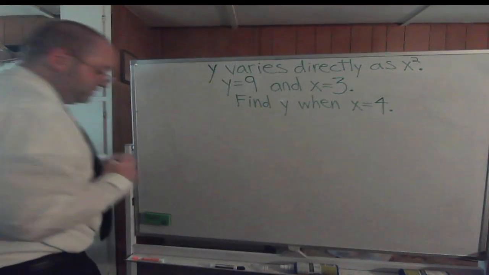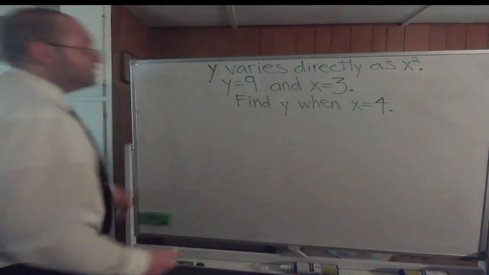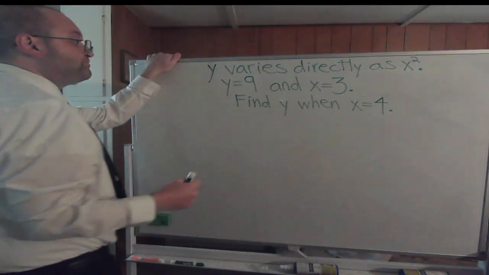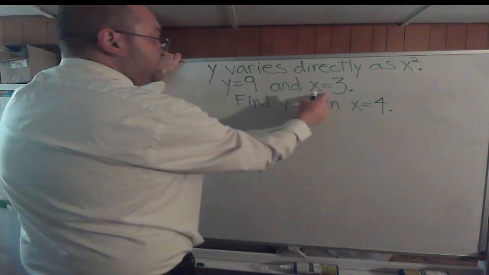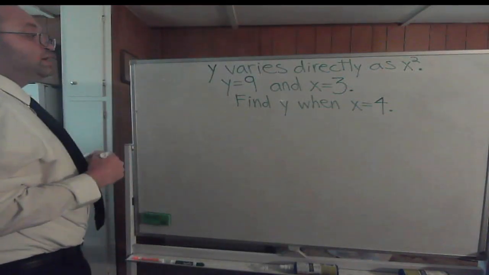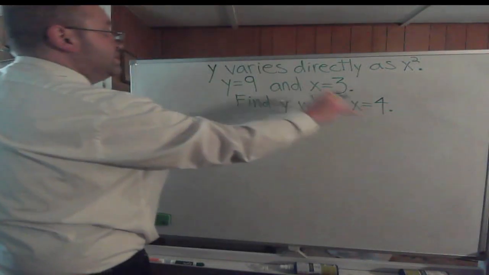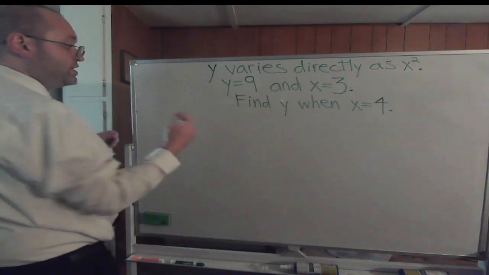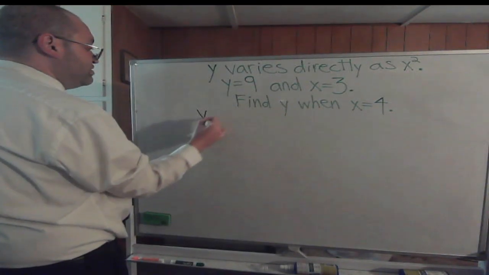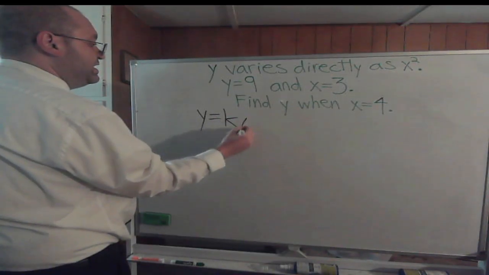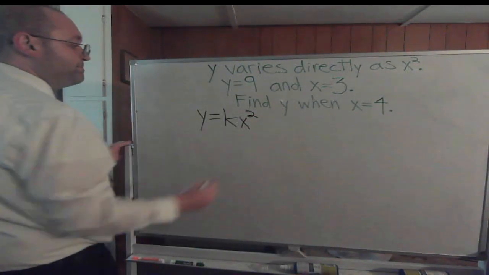So this particular problem we have here is y varies directly as x squared. Y equals 9 and x equals 3. Find y when x equals 4. So ignore the last sentence for a minute, just focus on the first sentence. Y varies directly as x squared. So since it's direct variation, y equals k, that constant of variation, times x squared.